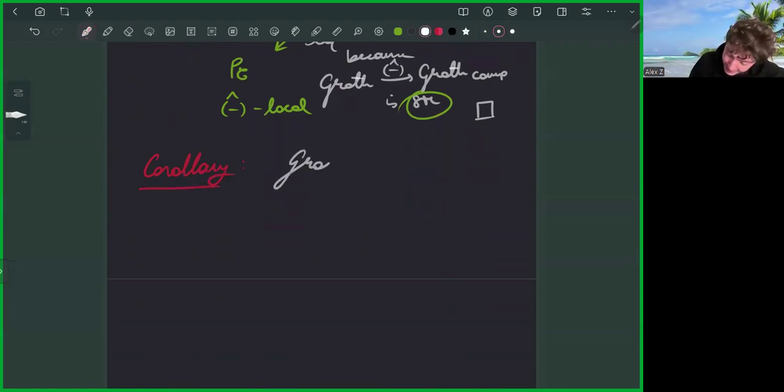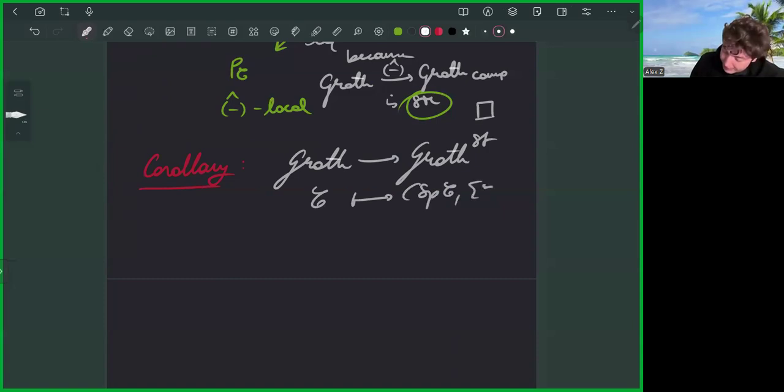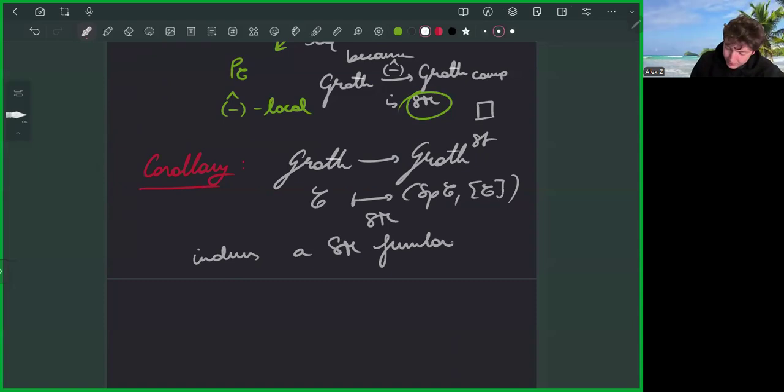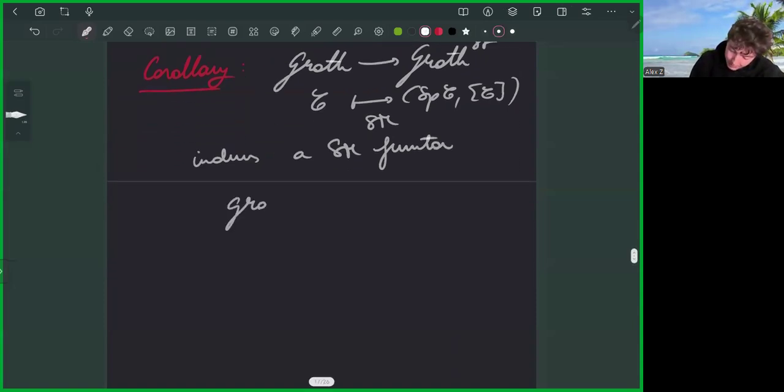So now we come to the statement that we talked about before. There is a canonical functor from Groth to Groth ST, which takes C into SPC and then the equivalence class of C. This is symmetric monoidal, but in particular, this induces a symmetric monoidal functor from Groth comp to Groth ST comp.